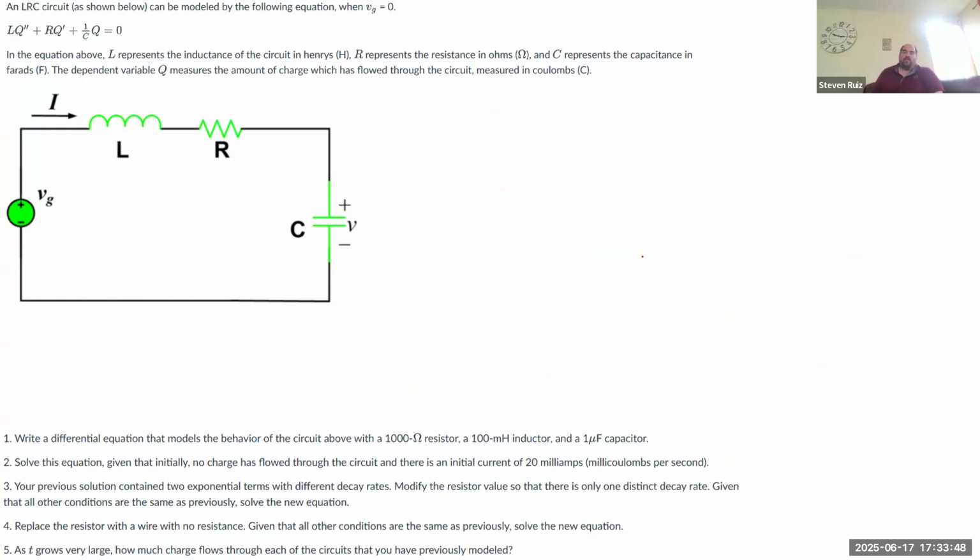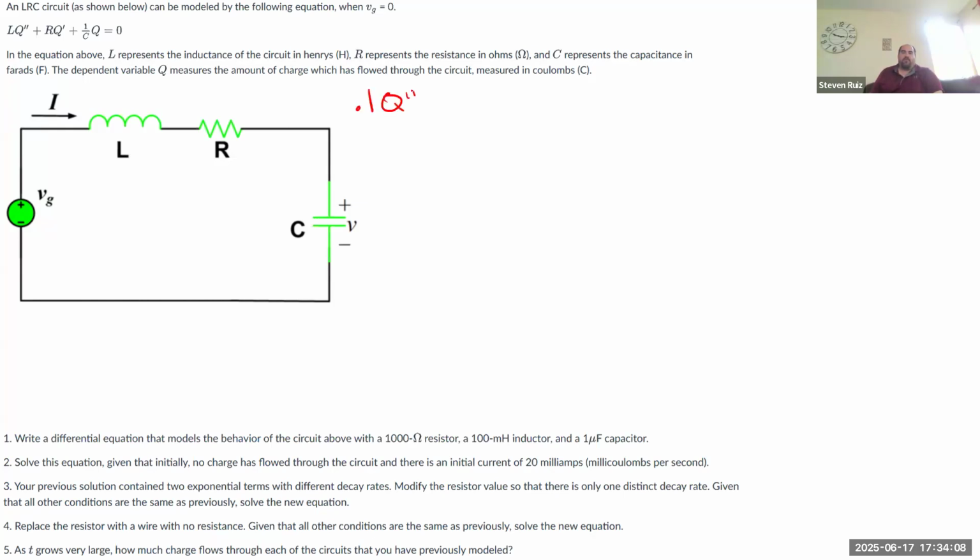So here's essentially what we're trying to do. We're not told to change the values of the inductor and the capacitor, so I will keep those. Our inductor was essentially 0.1 henries.